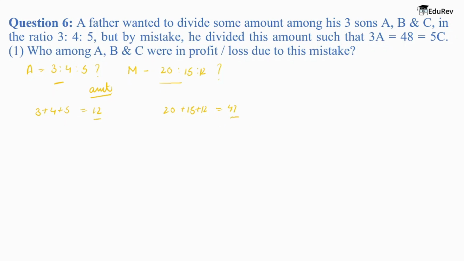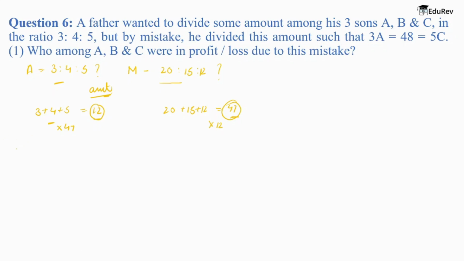But the ratios here do not reflect it. Now we have to make these ratios the same, because the amount is same. Let's make the ratios also the same. So we can multiply this by 47 and this ratio by 12 to make it equal, right?